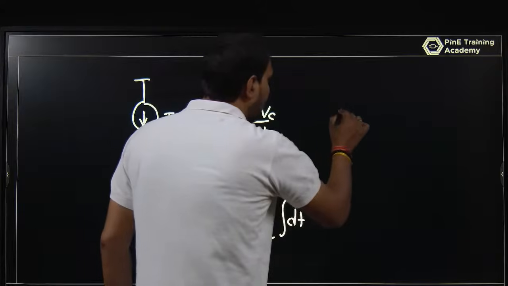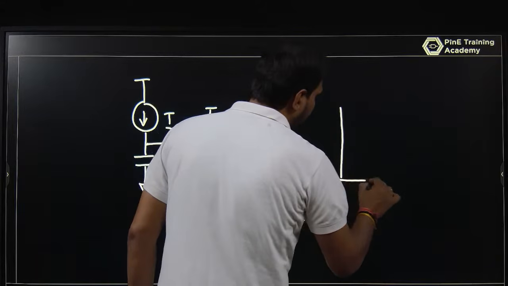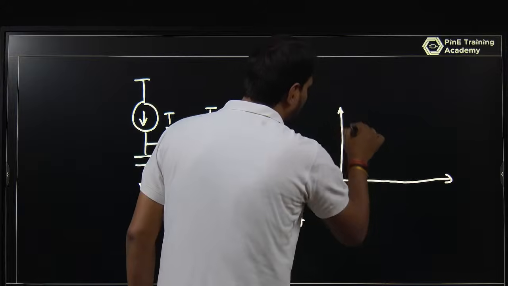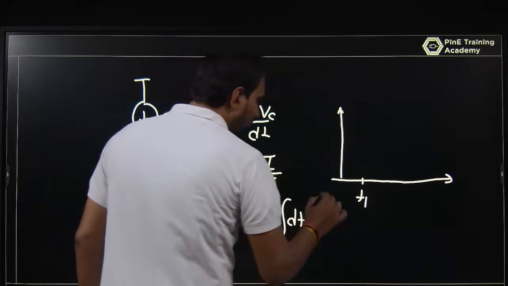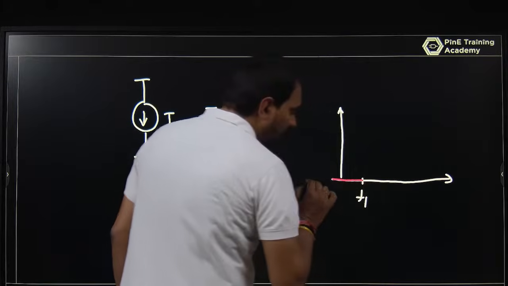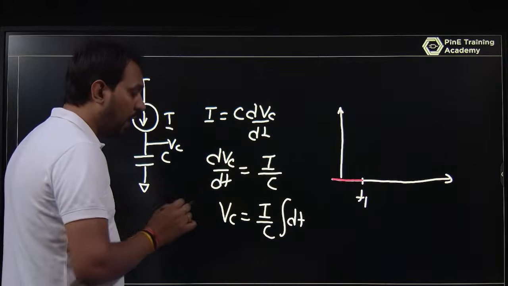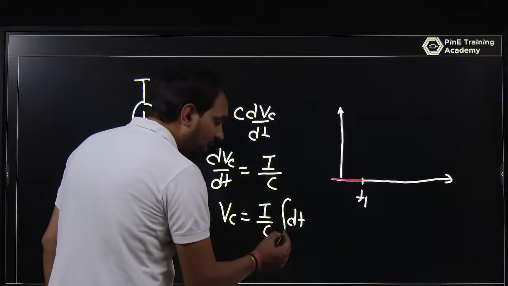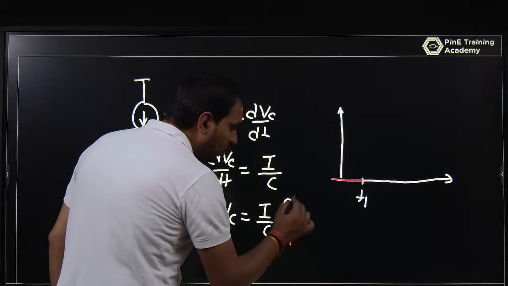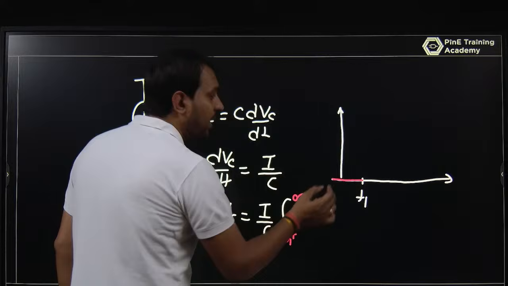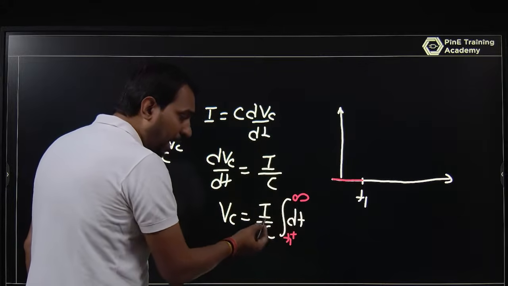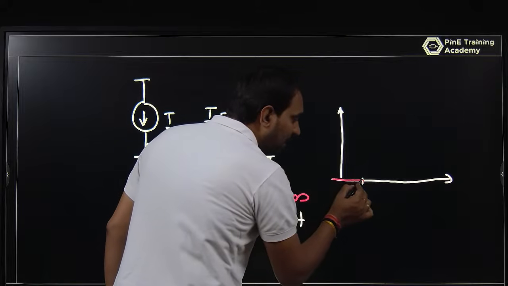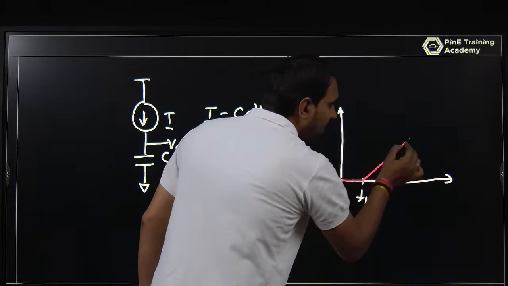So if you are interested in making the graph here, as per before T1 it is 0, and at T1 plus also it is 0. But after T1, as time increases, this will be multiplied with I by C. The slope is I by C, which is constant, and it increases like a ramp function.